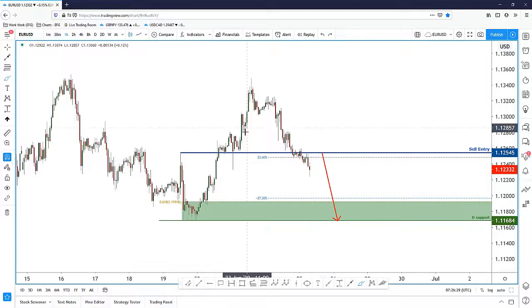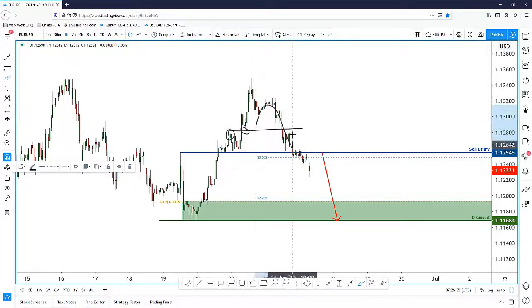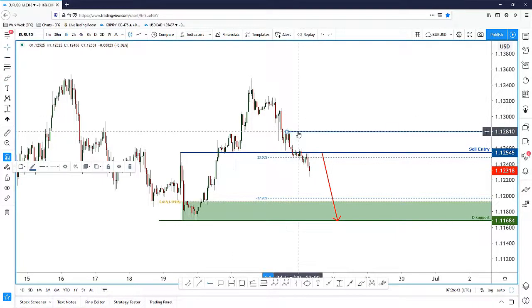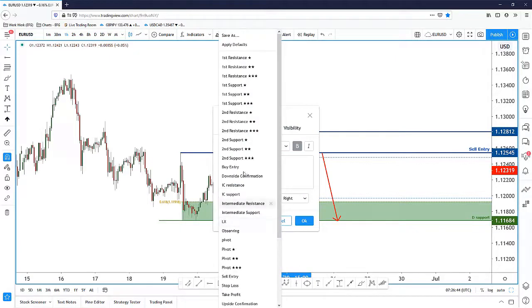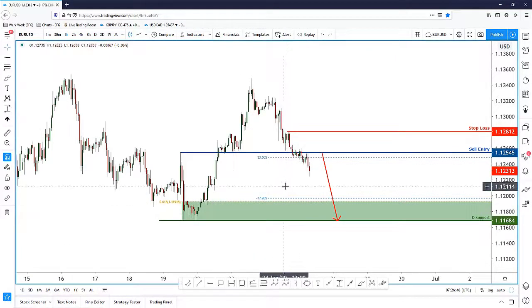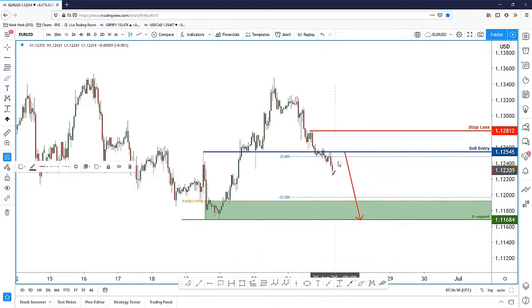The next level that I can see is somewhere over here, right? Where it's actually a resistance turned support, and price came back down and tested it as a resistance again. So I'll just put it there and use this as a stop loss. That is the level that I believe when price goes above it, my bearish idea is invalidated.